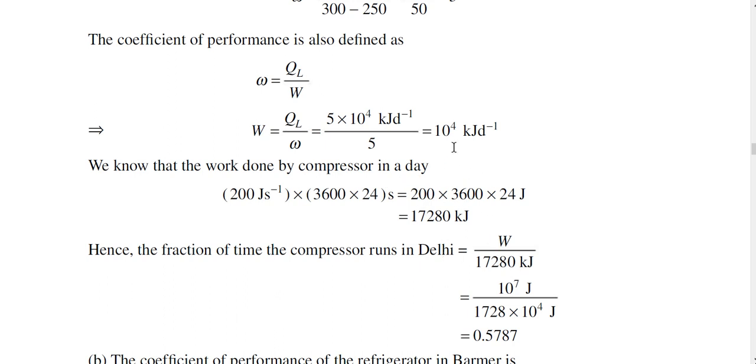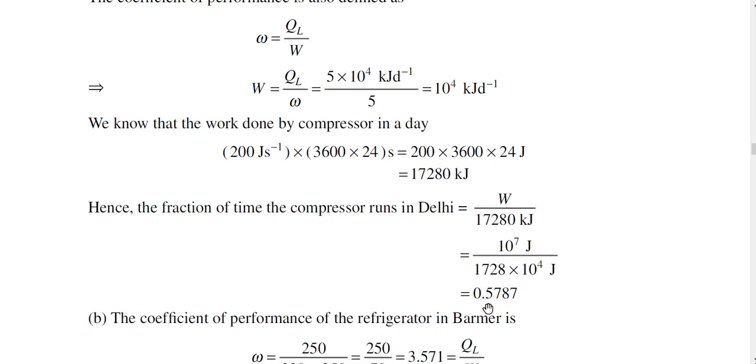So we have divided 10 to the power 4 kilojoule by 17280 kilojoule. So this fraction comes to 0.57. So this is the fraction of time that the compressor runs. Fraction of time means if you consider 1 second, then the compressor runs 0.57 second. So this is actually the fraction of the total time that the compressor runs.